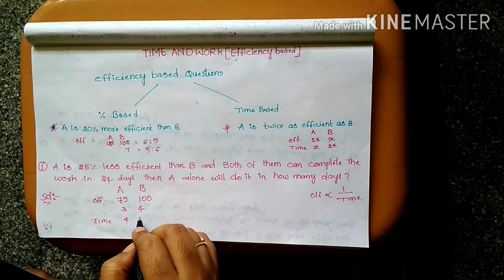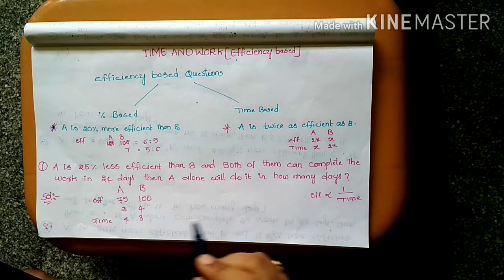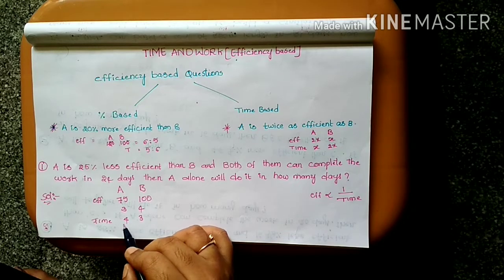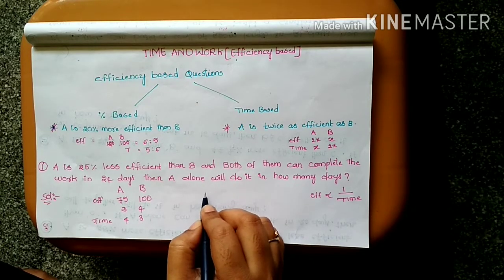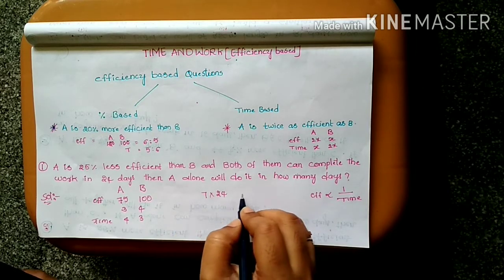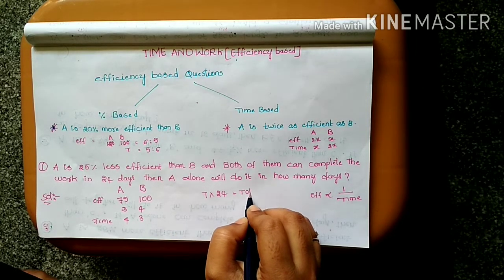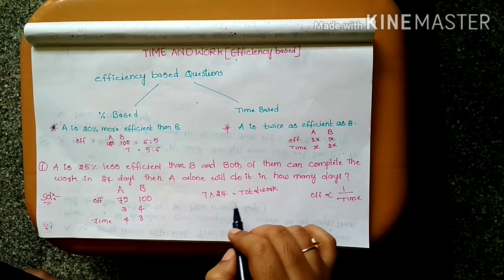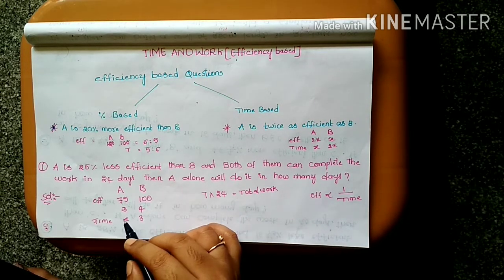So 4 is to 3. If both of them work in 24 days, so 3 plus 4 is 7. 7 into 24. This is the total work. Here the total work is 24 into 7.